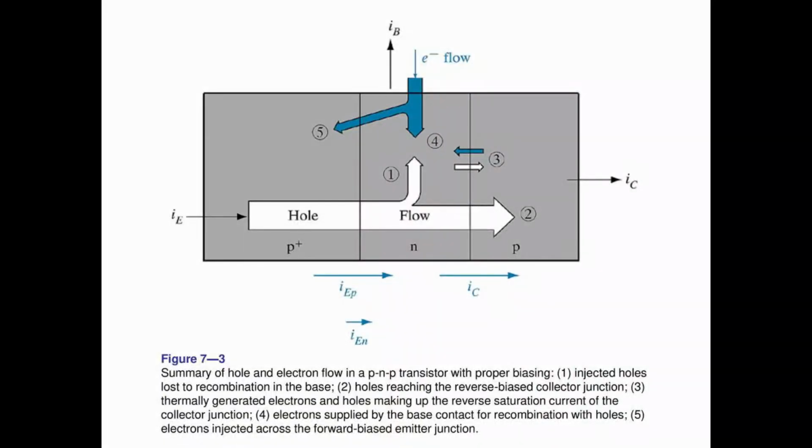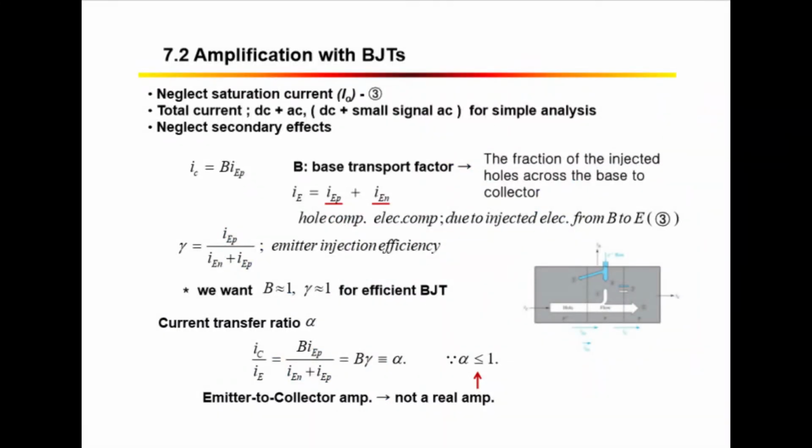So the emitter injection efficiency gamma is defined by the hole emitter current divided by the total current due to the emitter. For an efficient transistor, we would like this base transport factor B and this emitter injection efficiency gamma to be very near to unity.